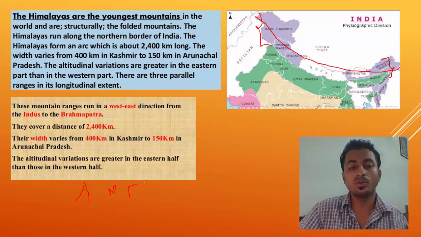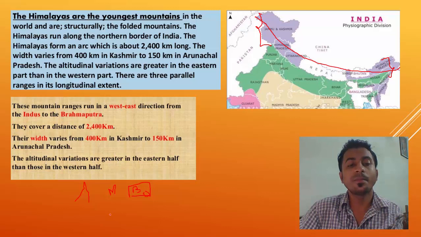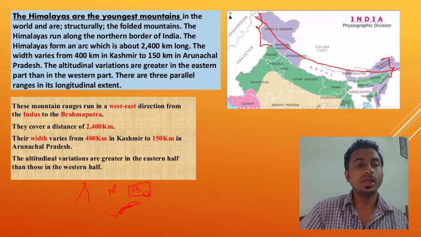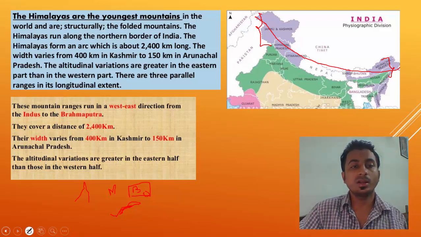So suppose you go to Bareilly Junction. There on the board it will be written Bareilly Junction, its height will be written, and above it will be written mean sea level. So mean sea level is a parameter which we use to measure height. That is known as altitude, and altitude variations are greater in the eastern part than in the western part.